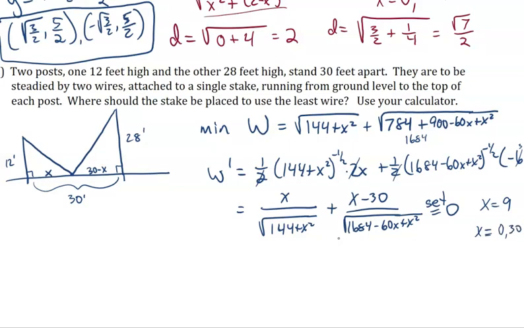Using my calculator again, and you can go ahead and test this, I'm plugging 9, 0, and 30 into the original W function, and I end up with the minimum value for W being at x equals 9, and it comes out to be 50. Again, I did that on a calculator. So the total minimum amount of wire is 50 feet, and we're placing the stake right here at 9 feet from the left side. So don't try and do that one by hand.